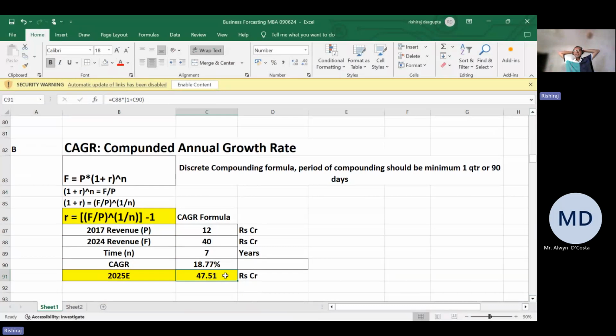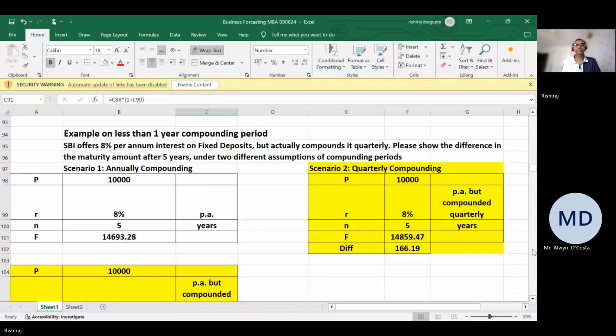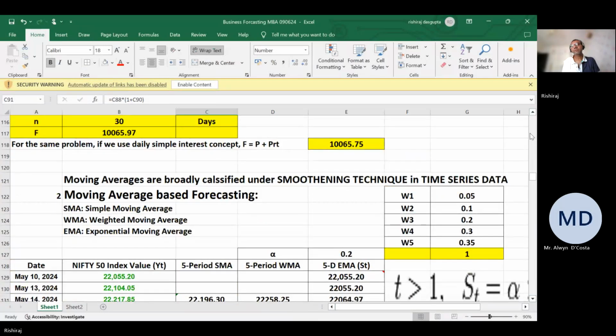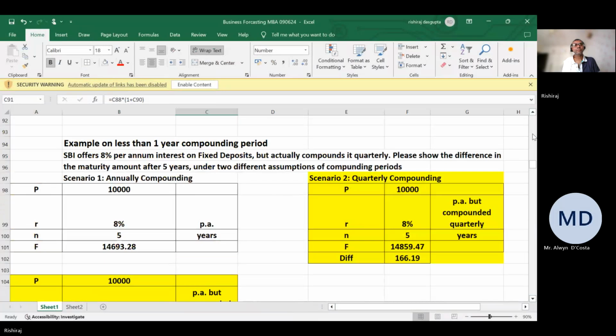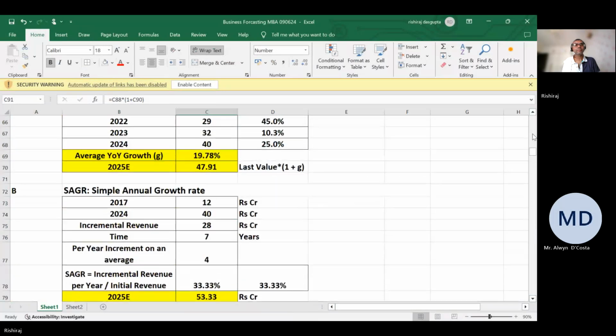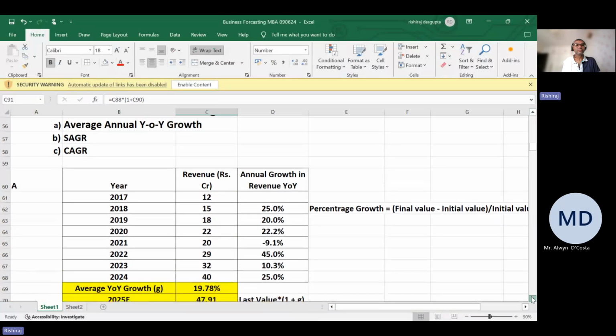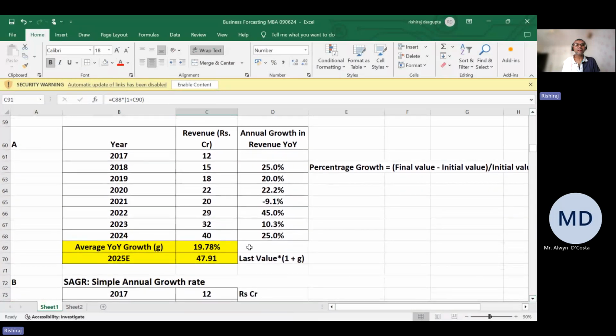So we got three methods. We just learned three growth-based forecasting methods. The first method was average year-on-year growth. You can see, we have done average year-on-year growth. We have the data and we got the average year-on-year growth as 19.78%.